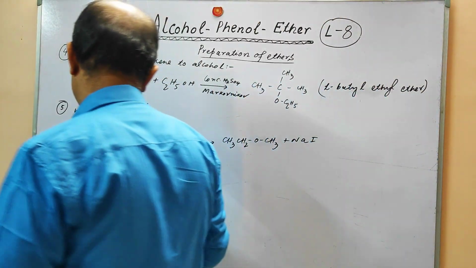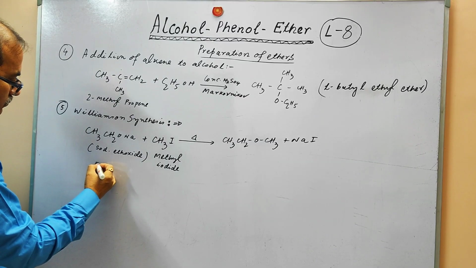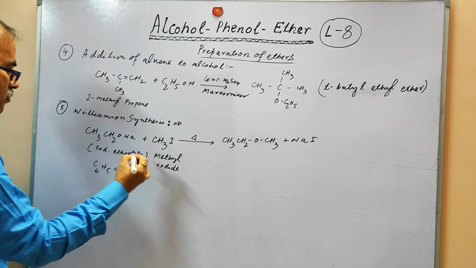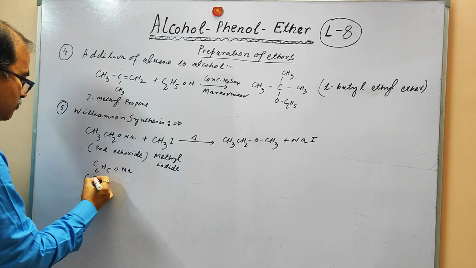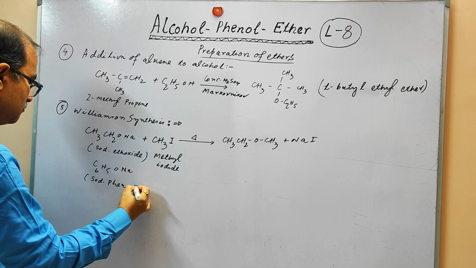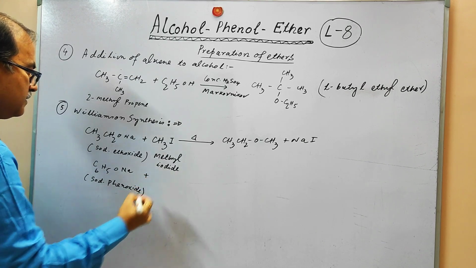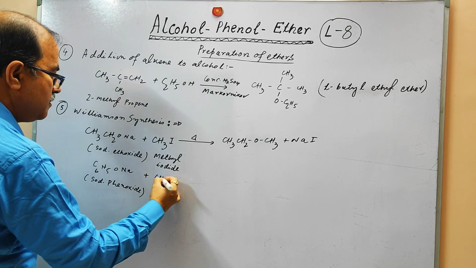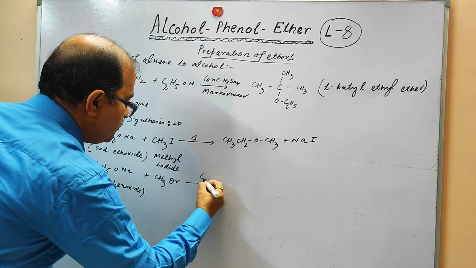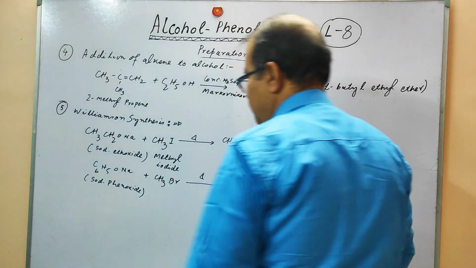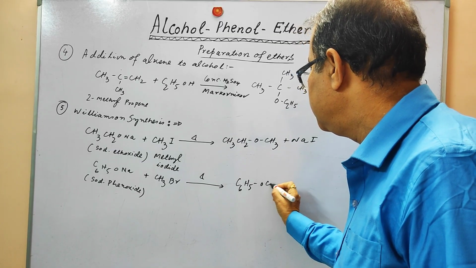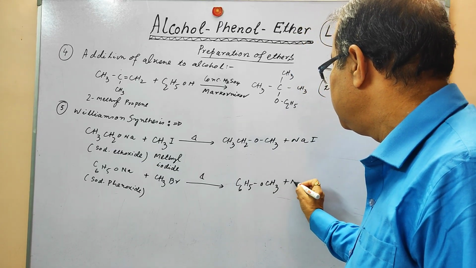As for example, C6H5OH, C6H5ONa, that is sodium phenoxide, plus if we take CH3Br, suppose methyl bromide, and when it is heated you can produce this ether, that is C6H5OCH3 and this is NaBr.